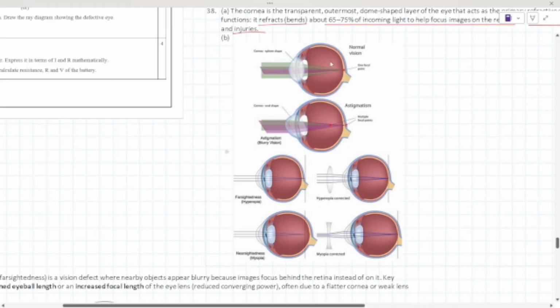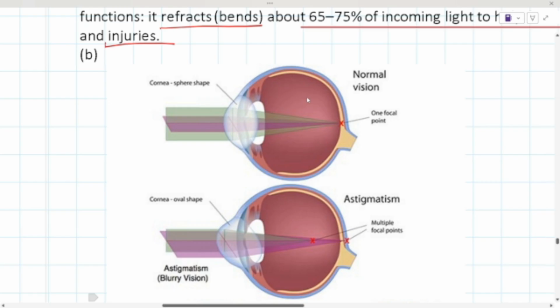Now for the second, you can draw this diagram. You can see the cornea for normal vision. Here is the focus on the retina, the black point.